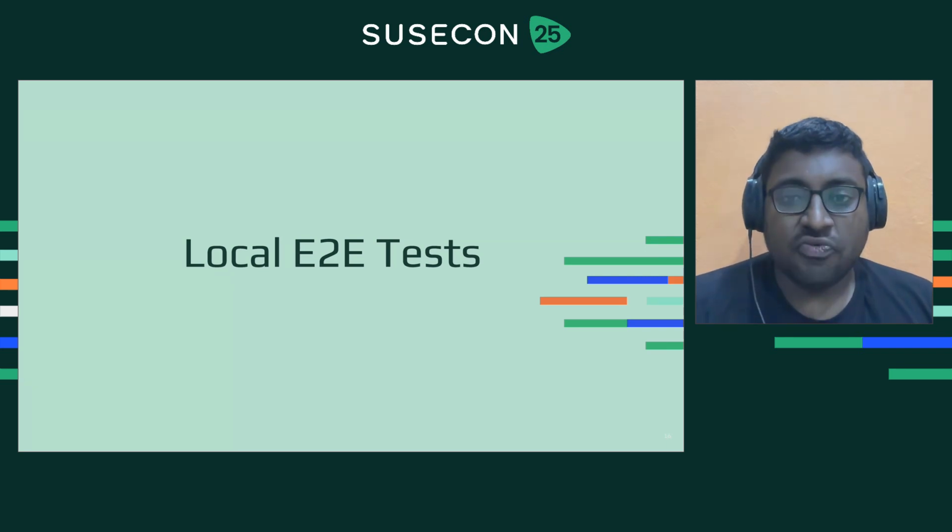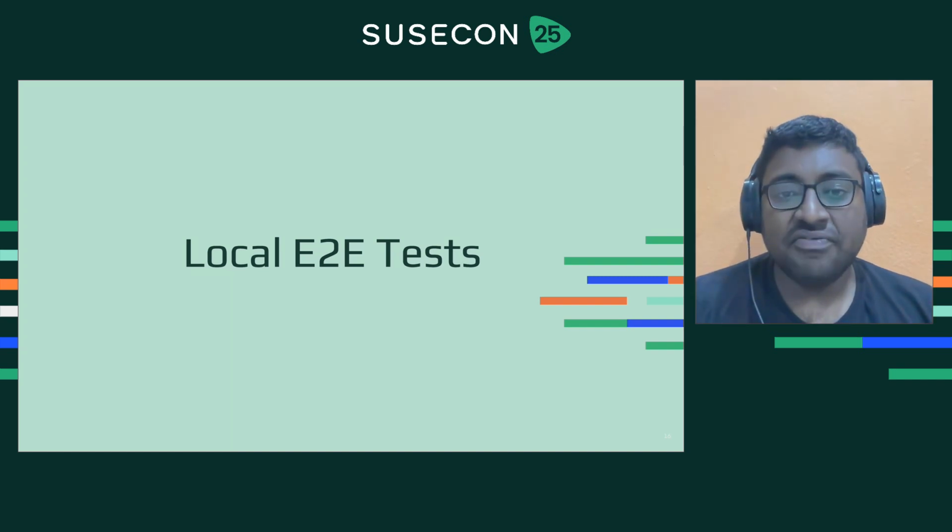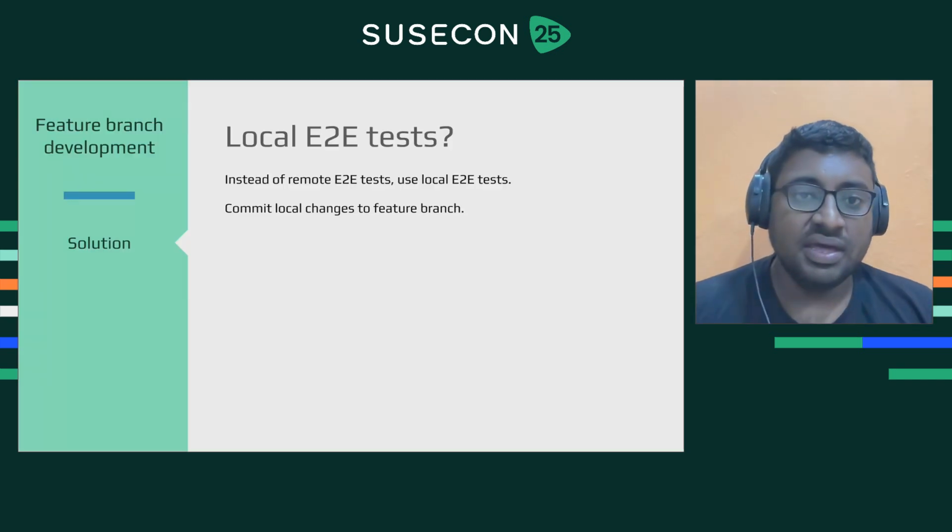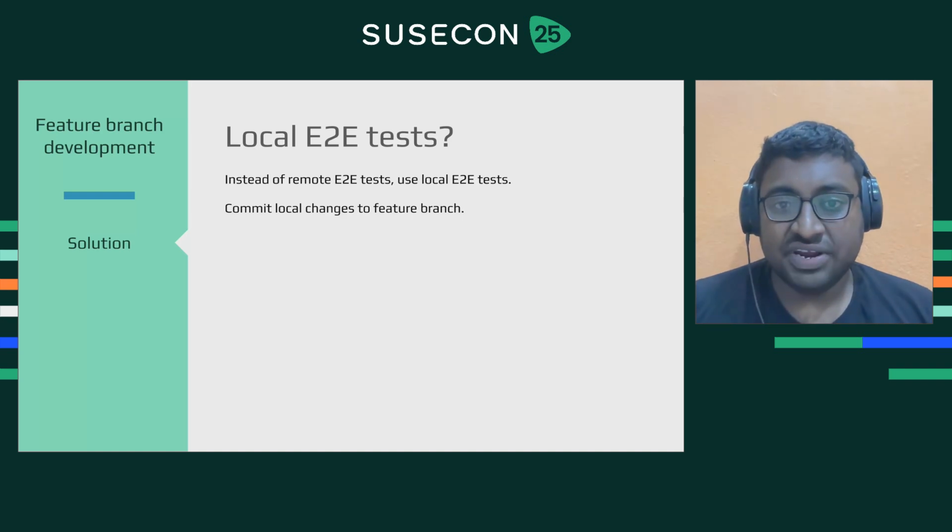So what we have done is replicate these remote CI/CD servers locally. We have used a tool called Kuttl. Instead of running these remote end-to-end tests, use local end-to-end tests using Kuttl.